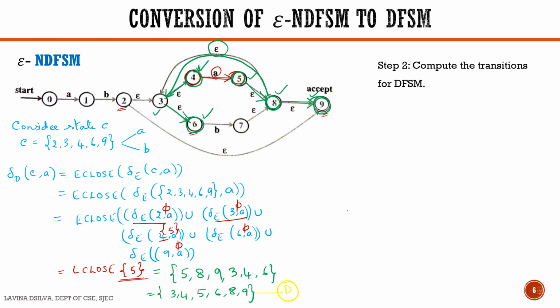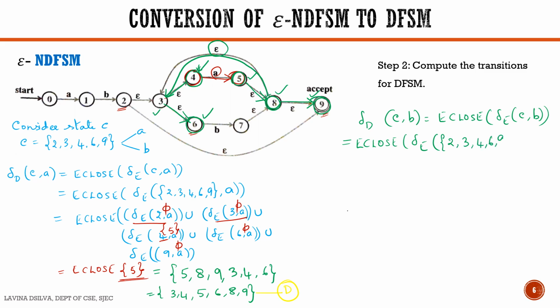Now we calculate for input B. So delta D of C comma B is equal to E closure of delta E transitions of C comma B. This is rewritten as E closure of delta E transitions of the state C. So state C consists of states 2, 3, 4, 6 and 9. And on all these states we have to check for input B transition.